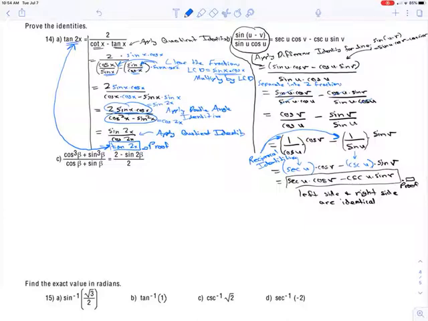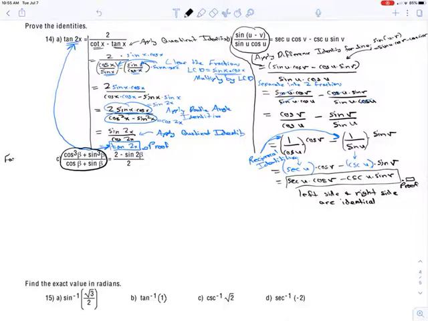If I'm looking at it, let's work on the more complex side, which looks like the left-hand side in this next identity. So I want to work on this one. Let's see if we can match it up to the right-hand side. Right now, the first thing I'm going to do, let's apply sum of cubes. So we're going to factor. Let's write that note here on the side.